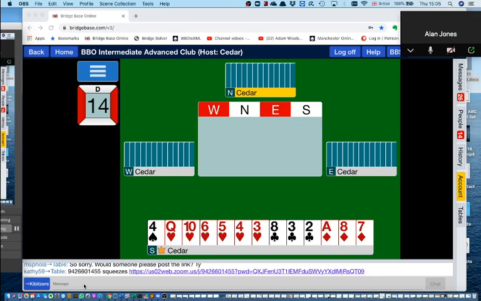Now, if the finesse I'm talking about is a finesse for the king, so you have the ace and the queen as your finesse position, you, alas, will be waiting forever for a situation where you have a squeeze and it turns out you gain because fourth player had a singleton king.